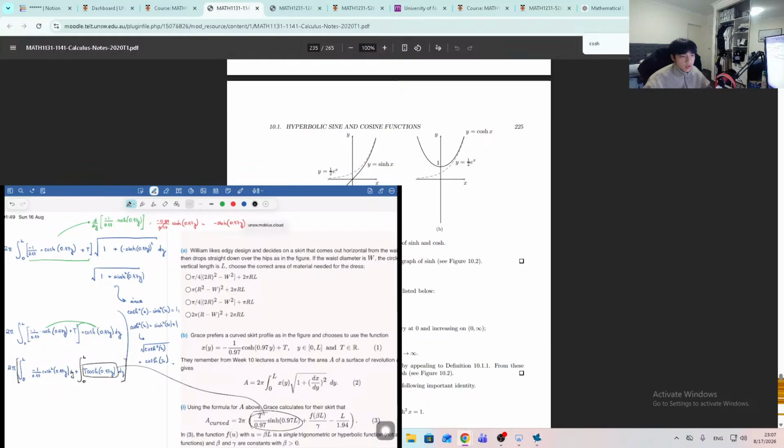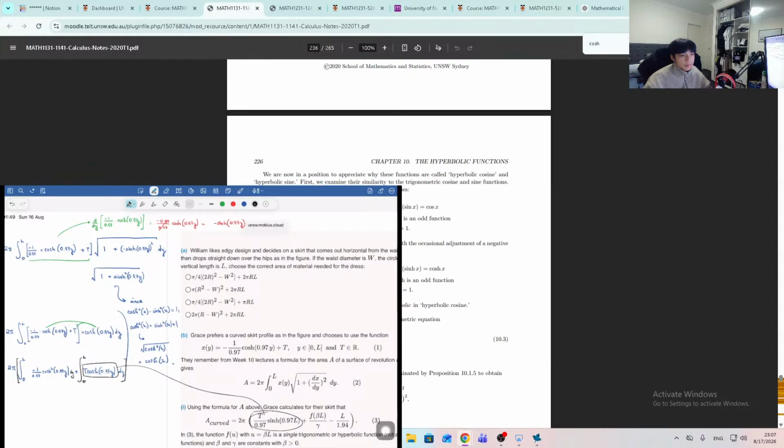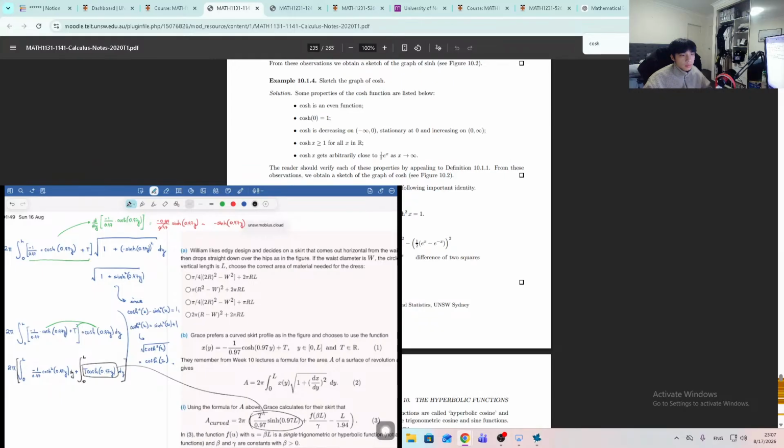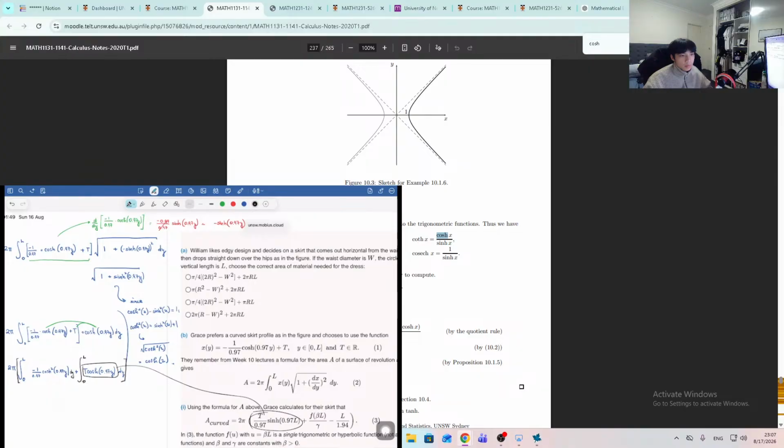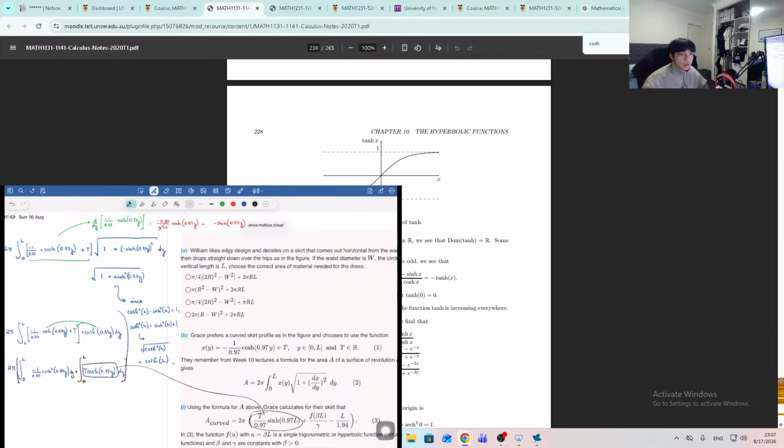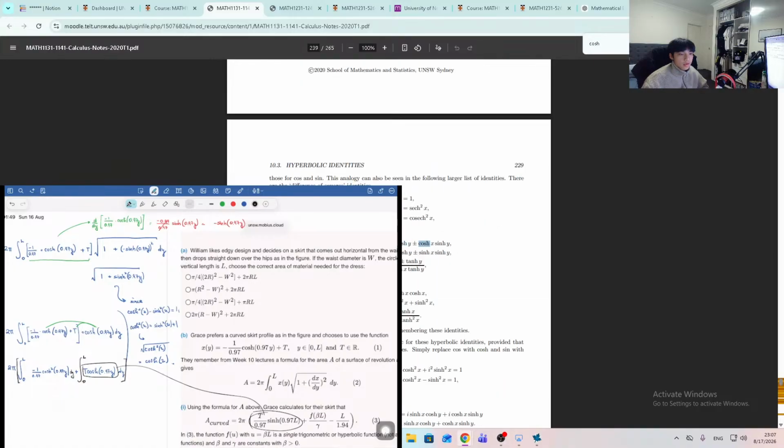Where could I remember cosh squared? What a pain, eh? Teach me how to derive this cosh function.